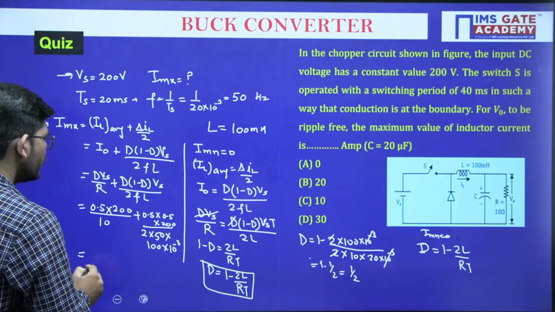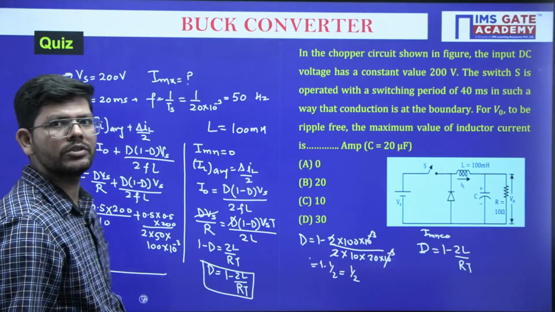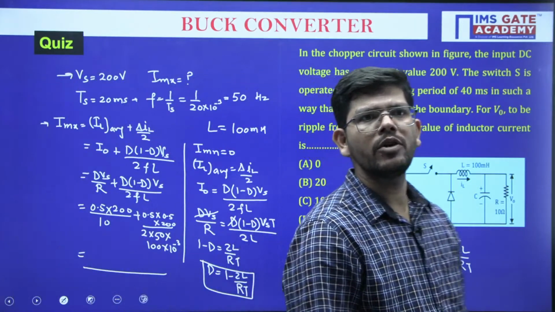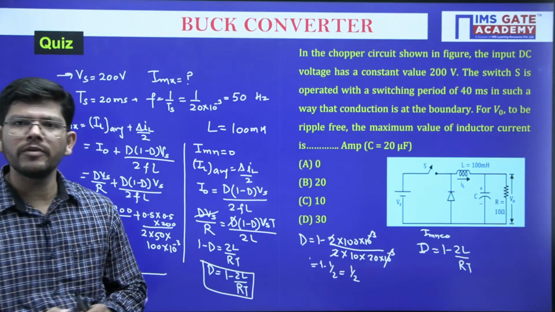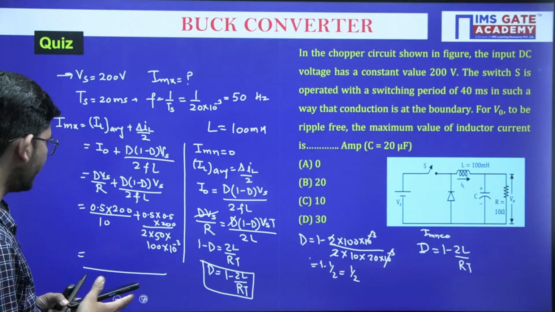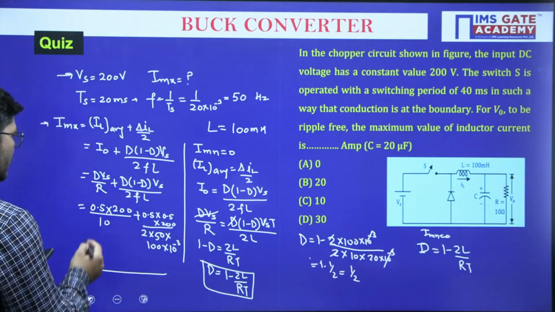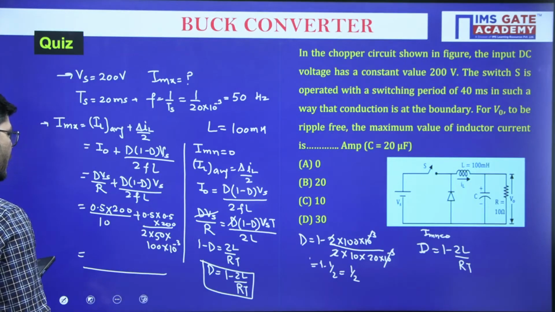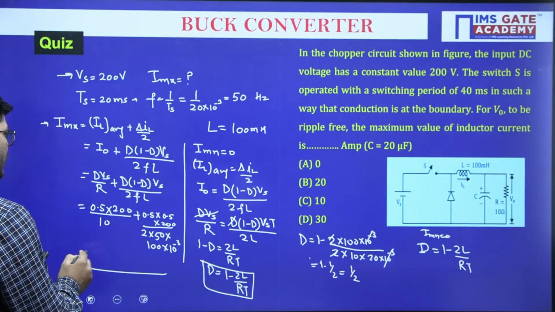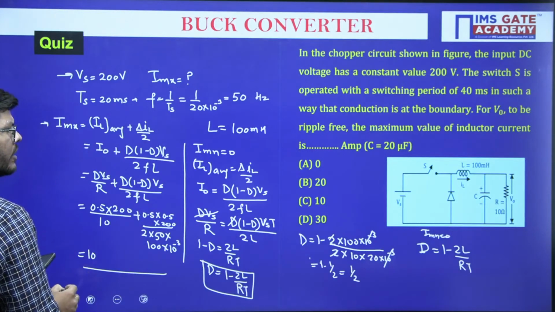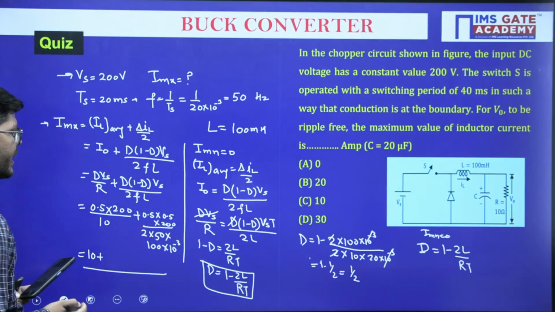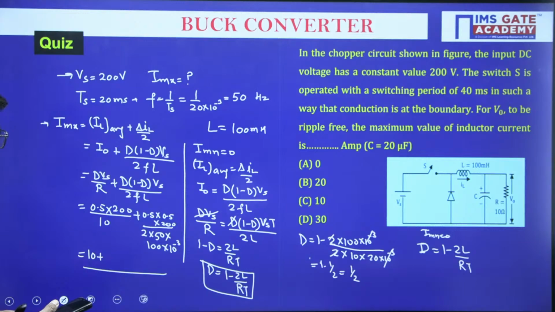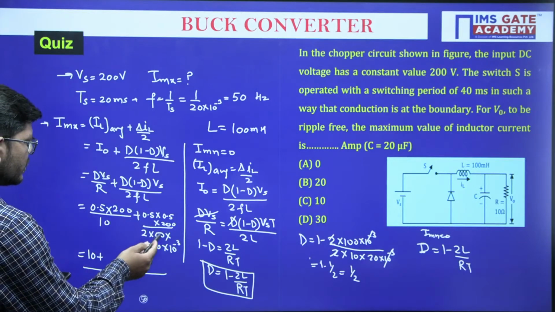Okay. So now just solve this equation and tell me what we are going to get as an answer. You solve it on your own, I am solving here. So how much will we be getting here? The value of this will be what? This we will get 10, okay. So definitely the answer has to be more than 10, and what we will be getting here, that's what we have to calculate.